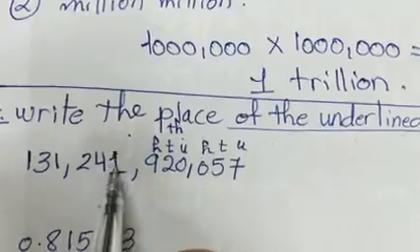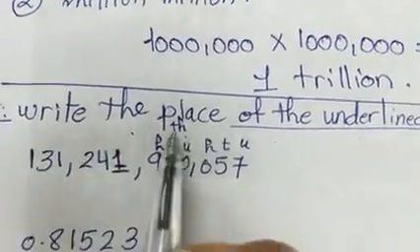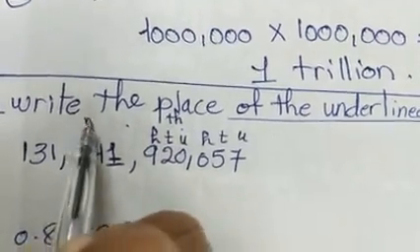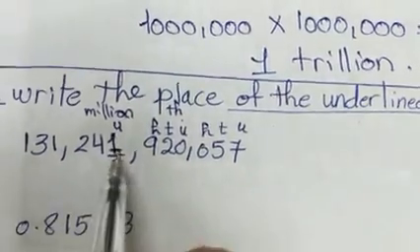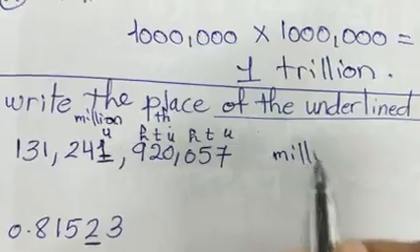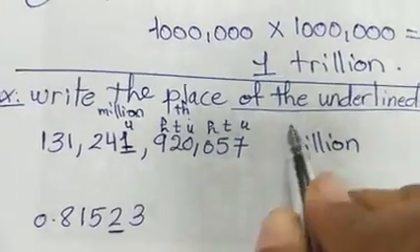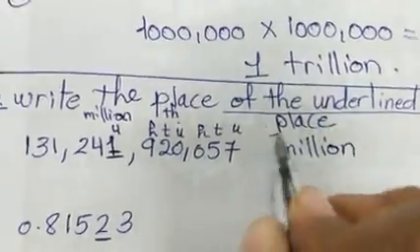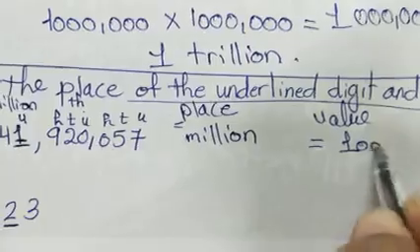Then the one with the line under it is in the million period, the units. So the place is million, and the value equals 1 million.